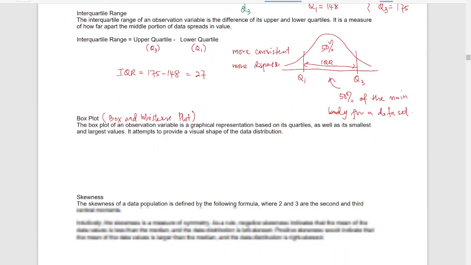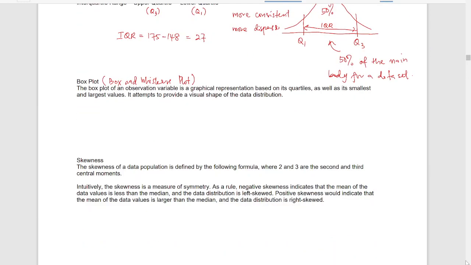The box plot of an observation is a graphical representation based on its quartiles as well as its smallest and largest values. It attempts to provide a visual shape of the data distribution. Dia nak bagi sedikit visual shape of the data distribution.